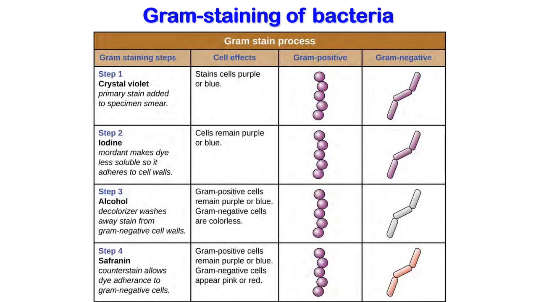And then the final step is to add the safranin, which allows dye to adhere to the gram-negative cells. So therefore you have the gram-positive cells which have remained purple all along, and the gram-negative cells now appear a pinky red because they've been stained by the safranin.